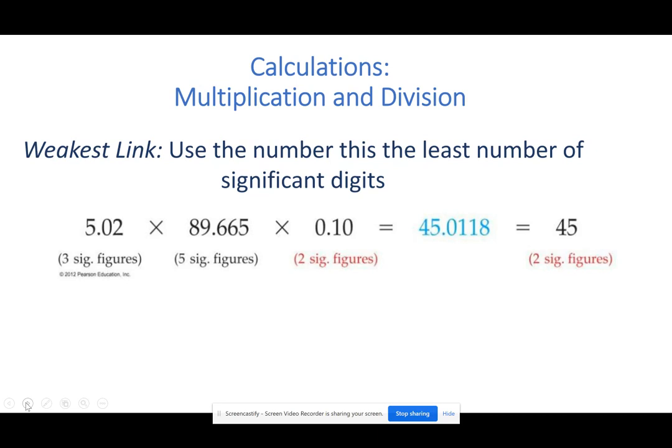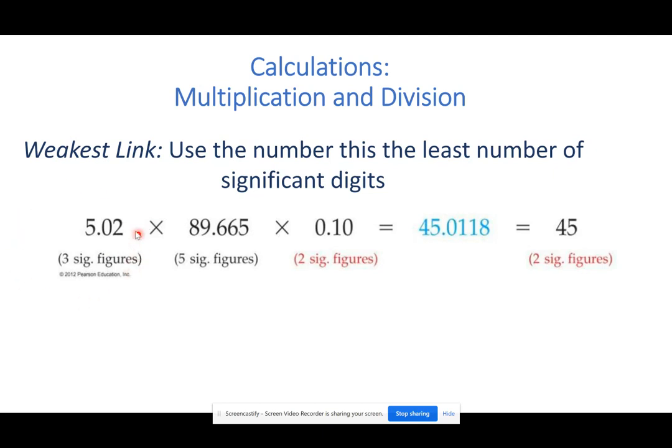So let's start first with multiplication and division. When we are multiplying or dividing numbers together, we are limited by what I call the weakest link. The weakest link is the number that has the fewest or the least significant figures or significant digits. So if we look at these 3 numbers here on the slide, so let's say we're doing volume, for example.